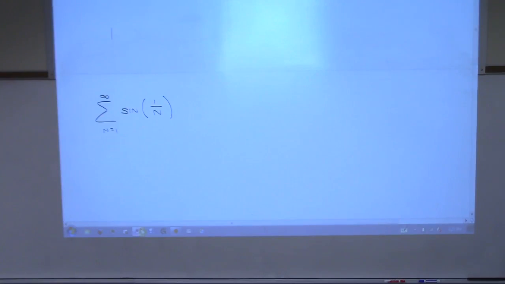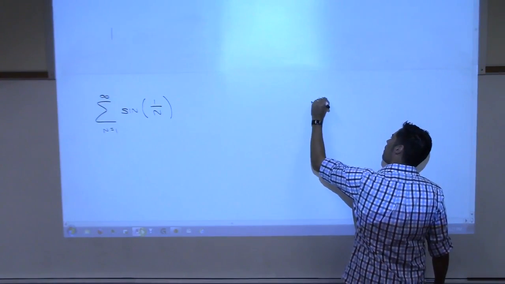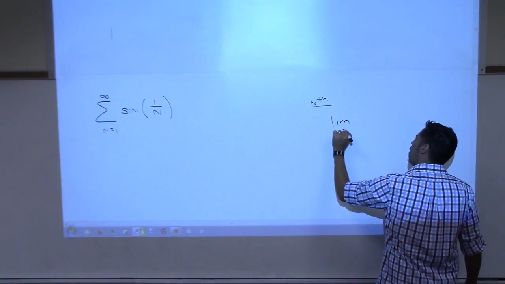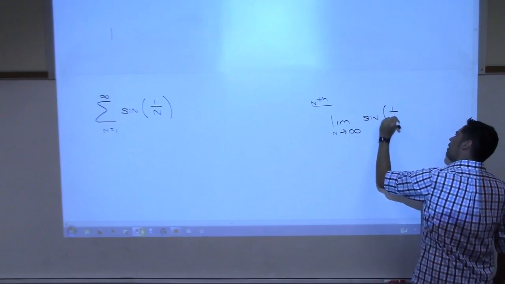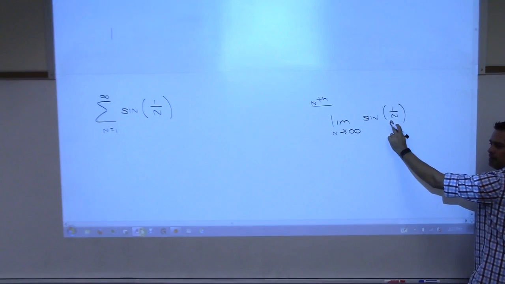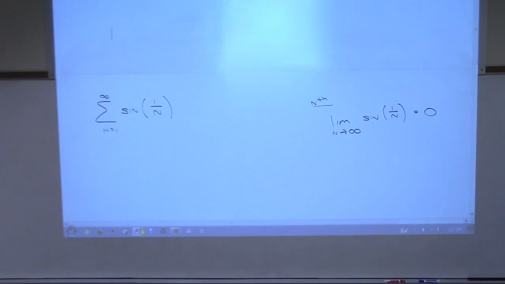Let's do the nth term test. Limit n goes to infinity. I'm hoping for something other than 0. Sine of 1 over n. Well, 1 over n goes to 0, right? And sine of 0 heads to 0. So that's not good, right?